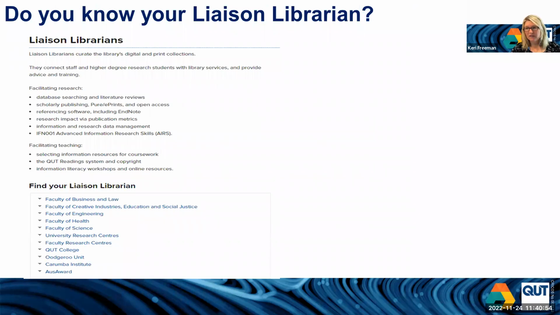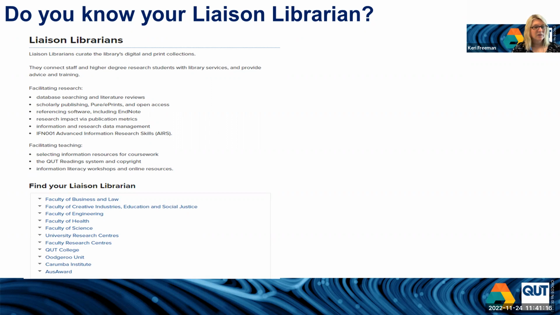Now, hopefully you already know your liaison librarian. But if you don't, and you do need some kind of library help, I'll put the link in the chat. They can help with all sorts of things.